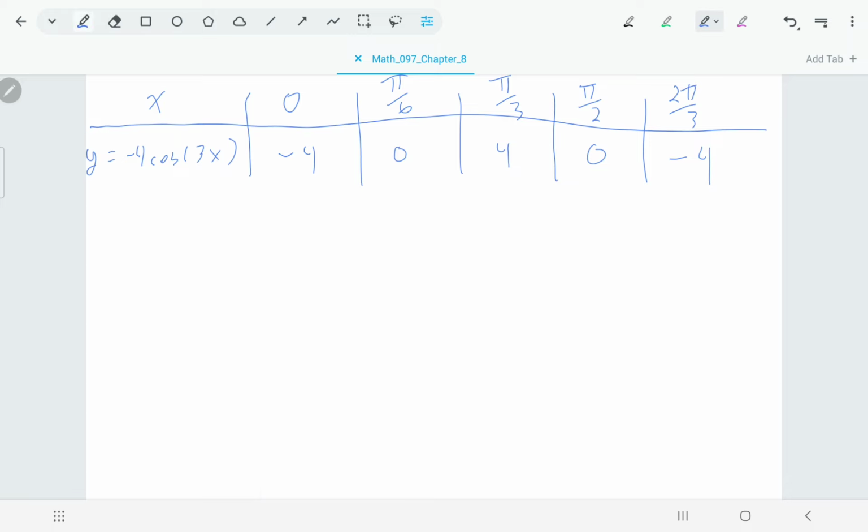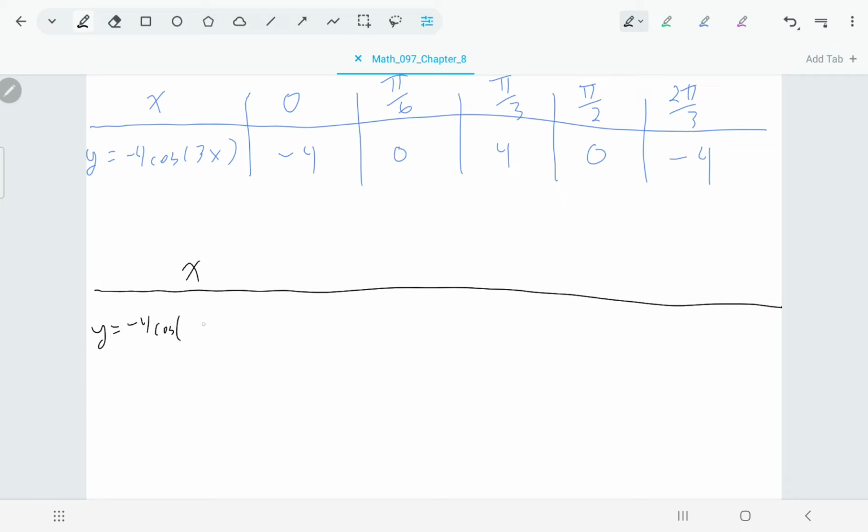So now I want to do the last set of transformations, which is transforming the x and the y values with our shifts. So now I'm going to be doing my horizontal shift, my phase shift of pi over 6, and my vertical shift of 2.